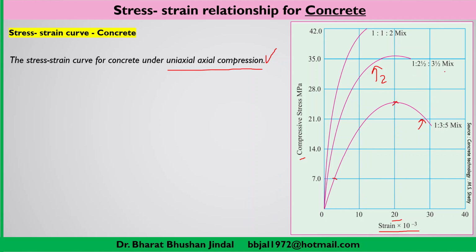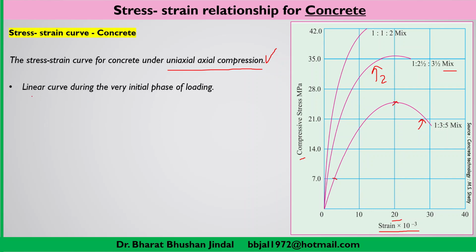Now this mix has different proportions. And similarly, there is another third curve. So what we have to understand here is that with the change of grade of concrete, you will find some variation in the stress-strain graph of the concrete, which we will discuss now.